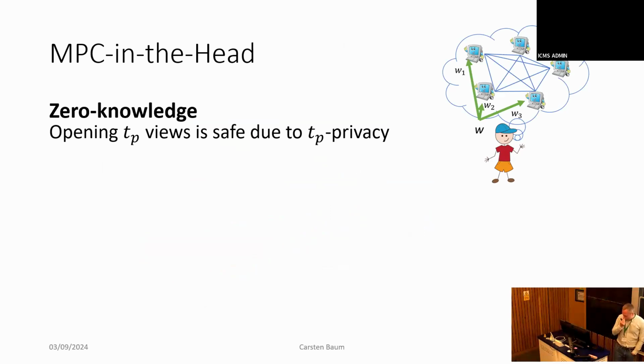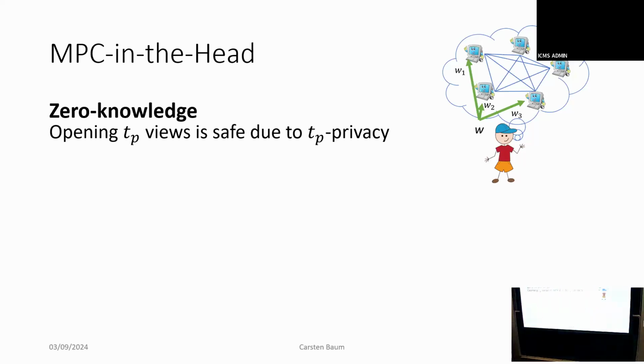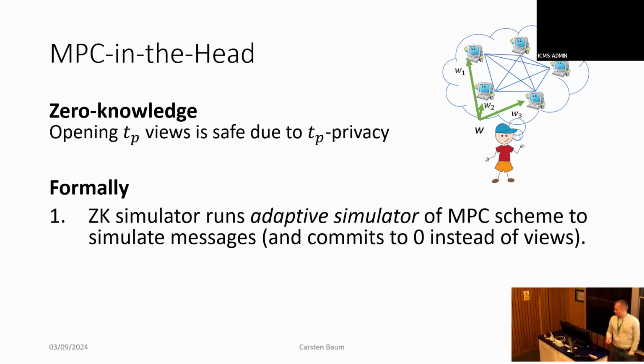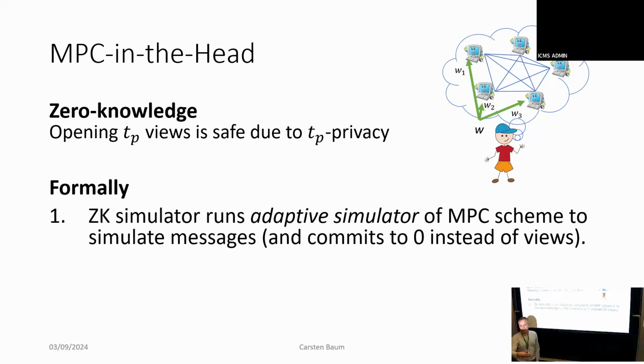Zero knowledge is so simple that we can just do it on one slide. I mentioned that the MPC protocol has this privacy property, which says that if I open up to a threshold number of parties, or an adversary corrupts these, then you don't learn anything but the inputs and the output. Learning the outputs of the parties from the MPC in the head is fine, because all they learn is one bit of information: was the circuit evaluation correct?